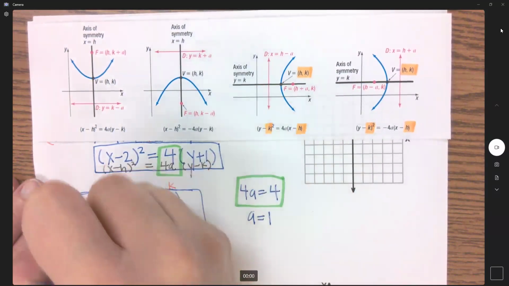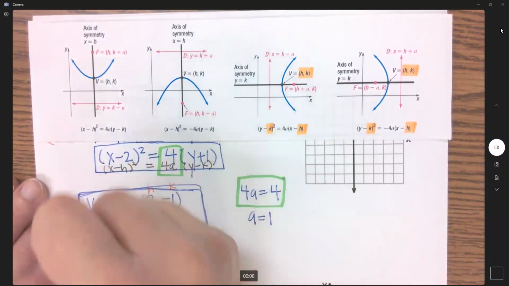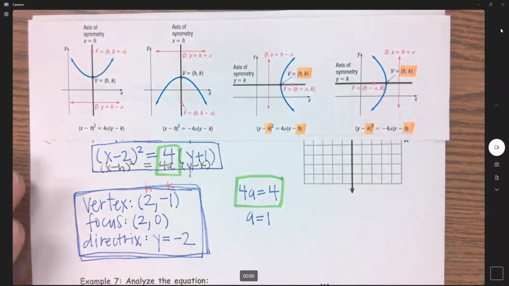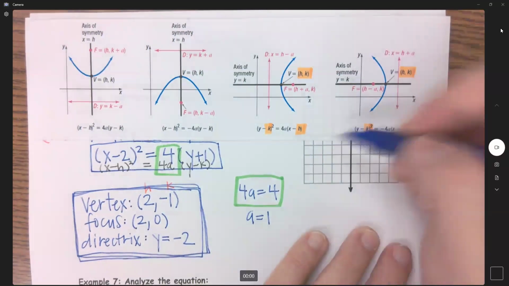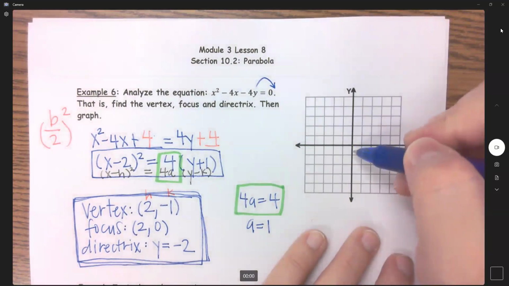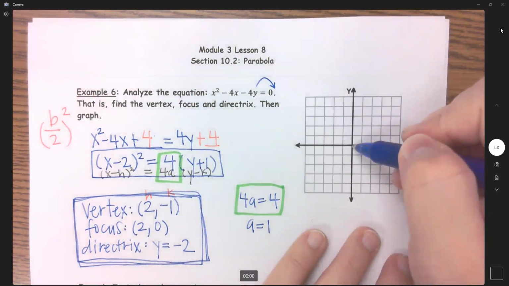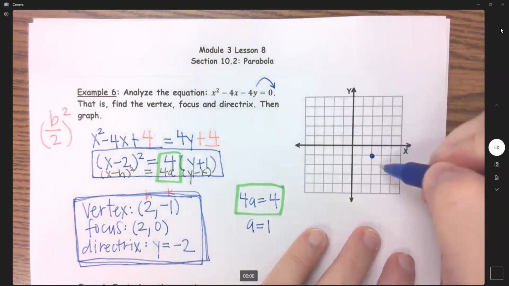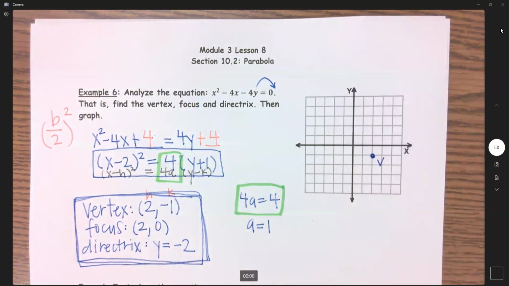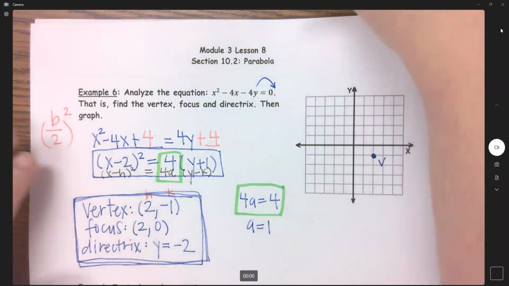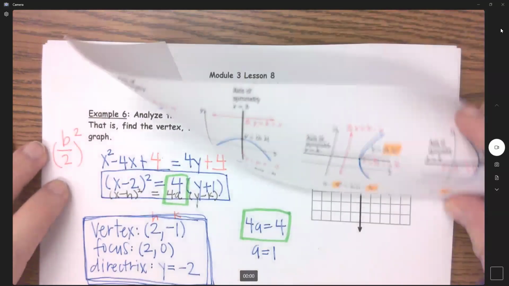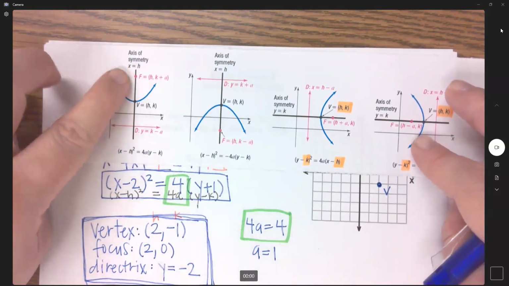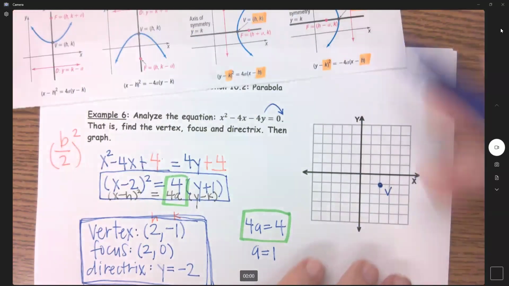Here are the 3 things that they asked for. But I like to just graph this. So if my vertex is at 2, negative 1, and I know that this is my formula here. From that vertex, I need to go up to plot my focus.